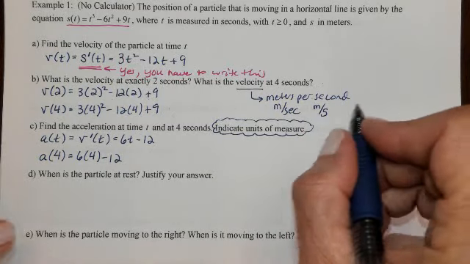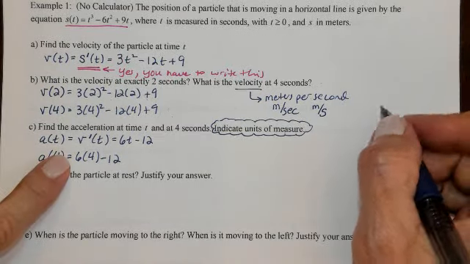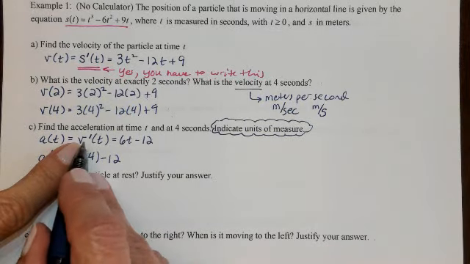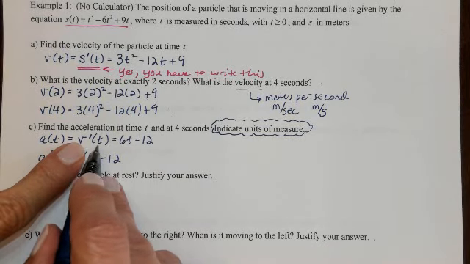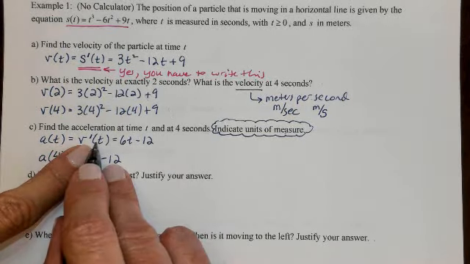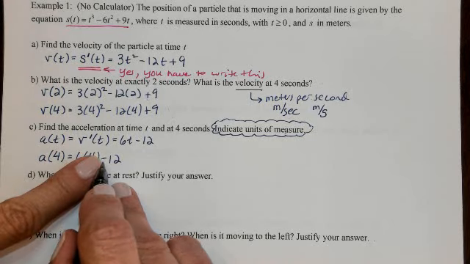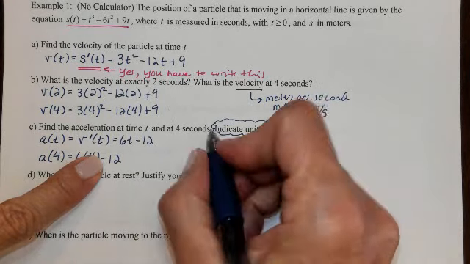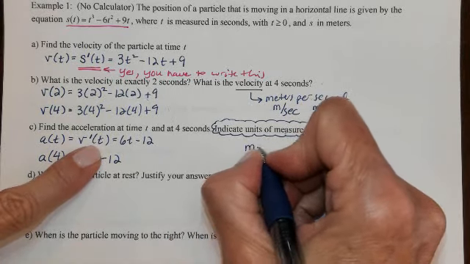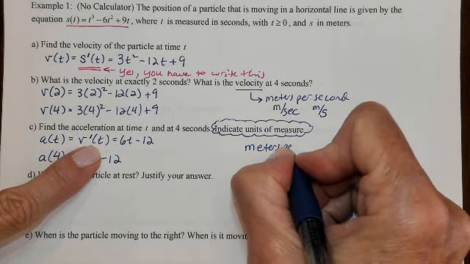Okay? So the units for acceleration will be, since we found it by taking the derivative of v, units of v per units of t, right? Well, units of v are in meters per second.